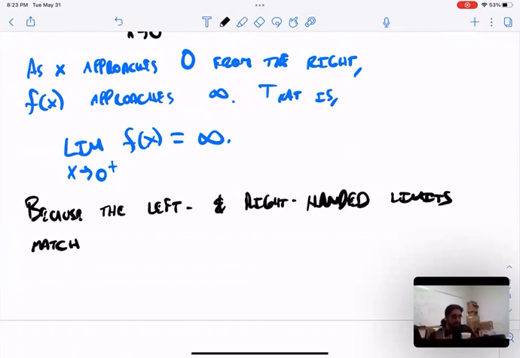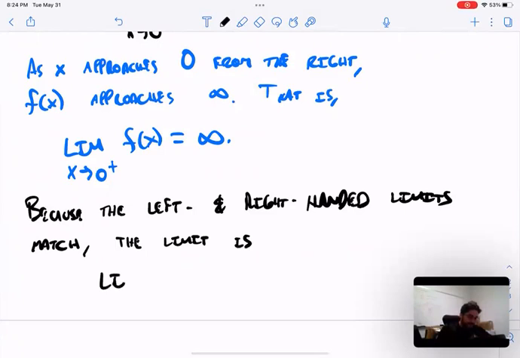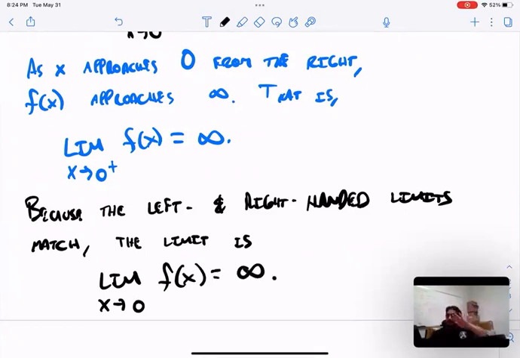So maybe match, which is a little more casual of a word, is a better thing to say. But since the left and right hand limits match, since they agree, however you want to say it, we can say that the limit, the two-sided limit, is able to be written without the plus or the minus, just the limit is infinity.